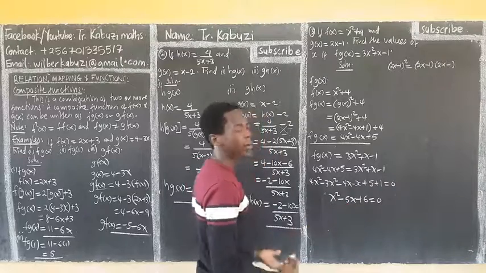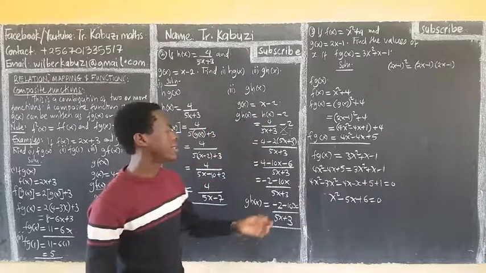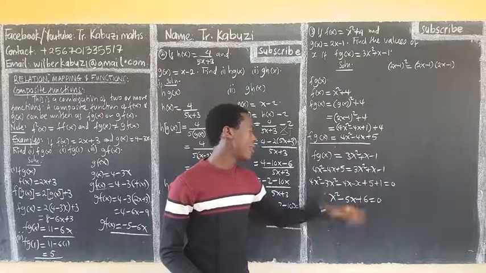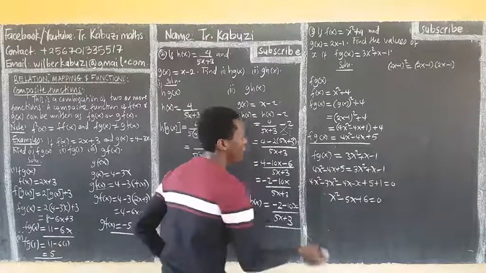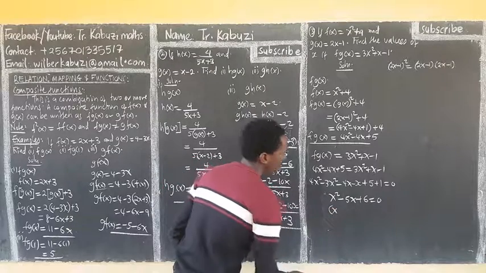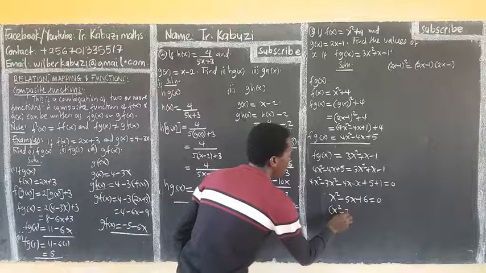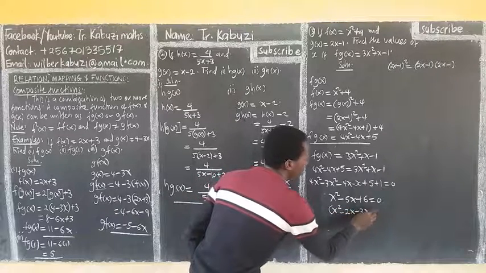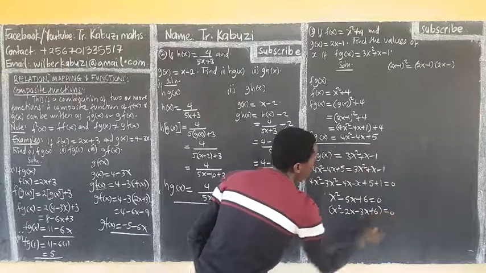You can either use factorization method, or completing the square, or the quadratic formula, or graphical. It's up to you. But the easiest is going to be to factorize it out. This will be x squared minus 2x minus 3x plus 6 equaling 0.